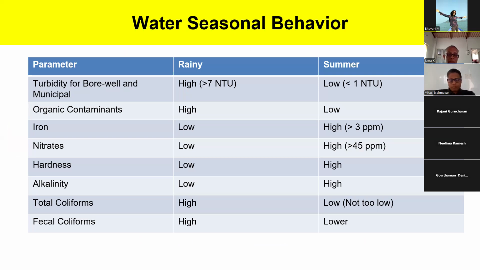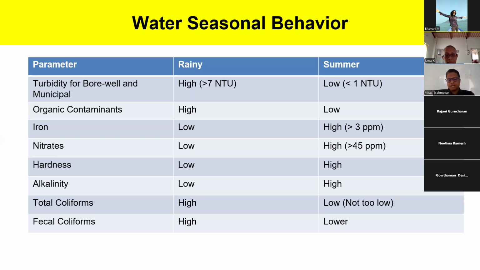During the rainy season, turbidity is generally higher, organic contaminants are generally higher, iron is low, nitrate is low, hardness is low, alkalinity is low, and total coliforms and fecal coliforms are generally higher. Based on the reports we have taken over the years, these are the values.